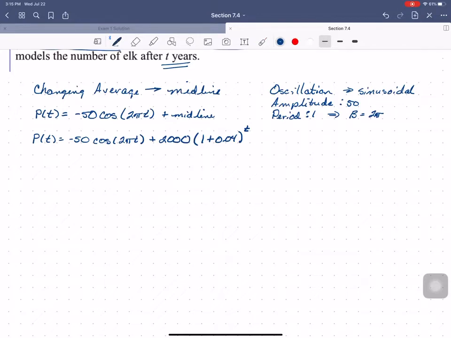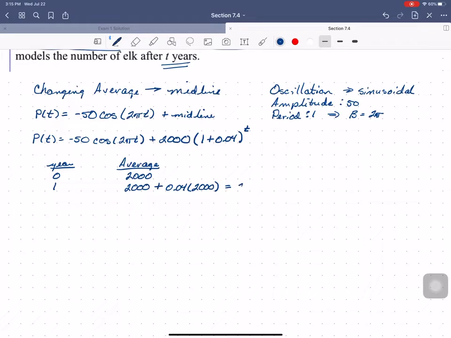So what we're working with now is the average. So I'm going to say year and average. So in year 0, right now, my average is 2,000. In year 1, my average is 2,000 plus 4%, which means 0.04 times 2,000.